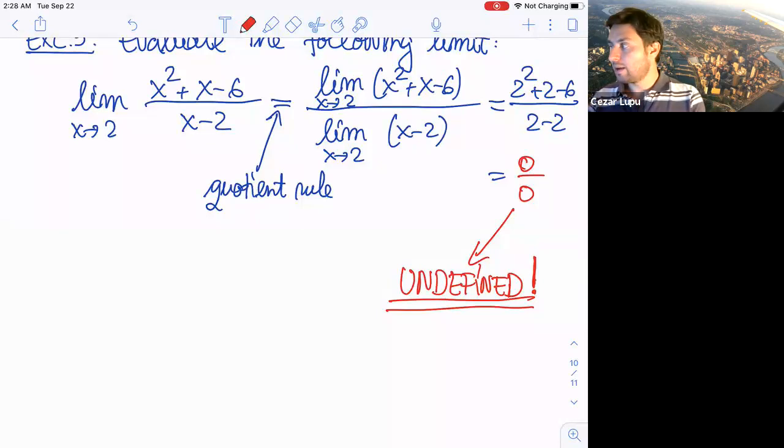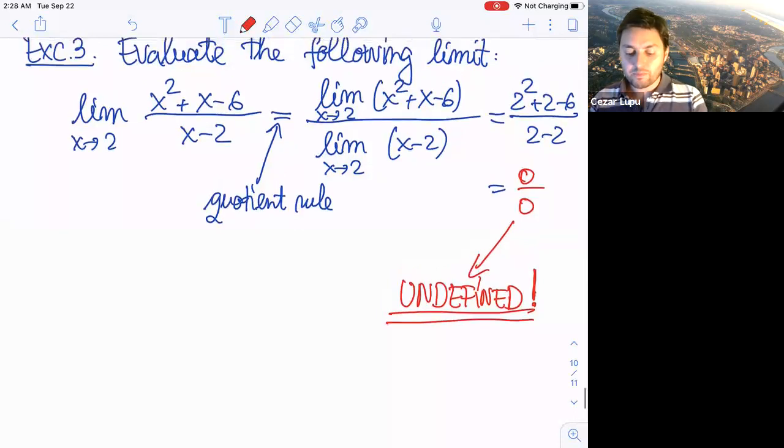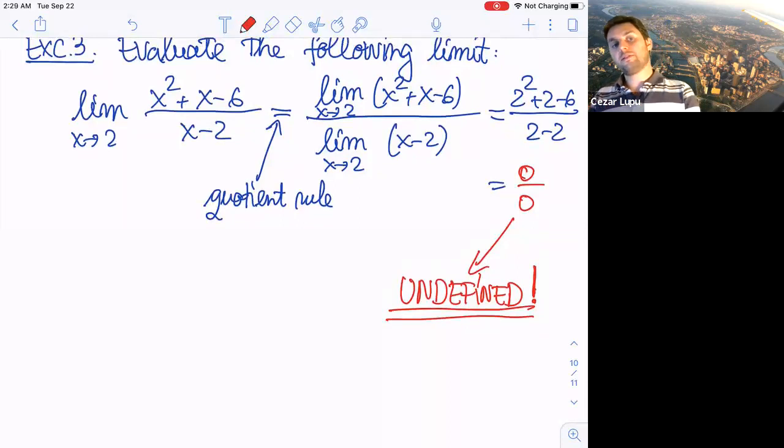Maybe I could make it look like something nicer. Maybe instead of that fraction, I won't have a fraction. And if you look even closer, since the quantity on the top has degree 2 and the quantity on the bottom has degree 1, maybe I could think of writing the quantity on the top in terms of the quantity on the bottom. So maybe I could do this.